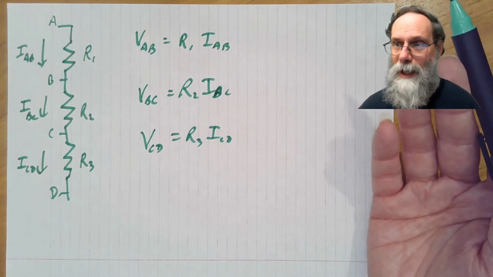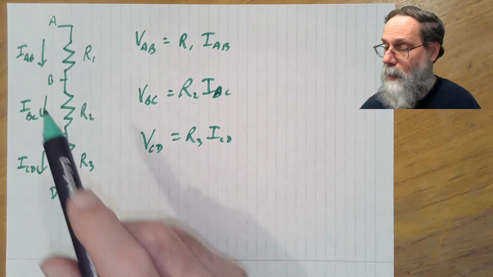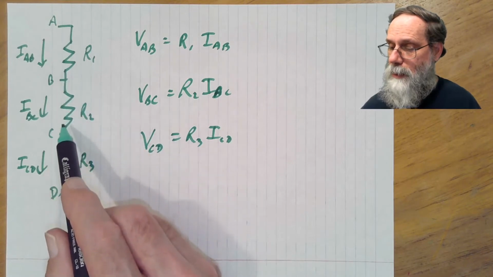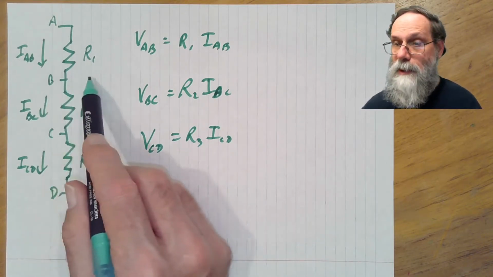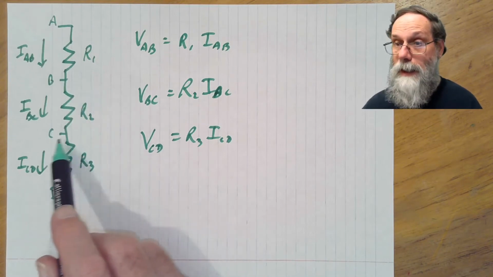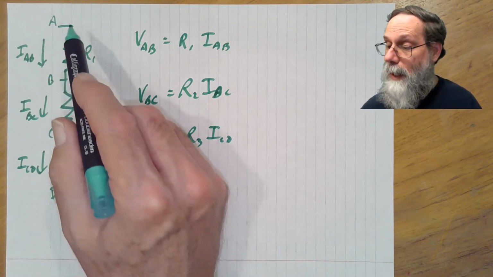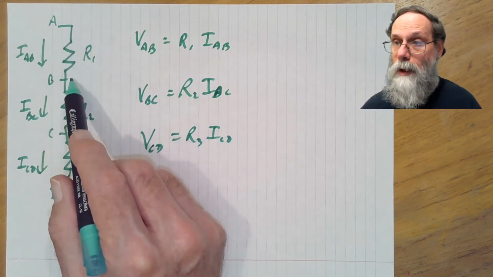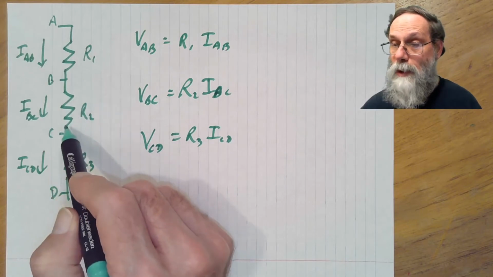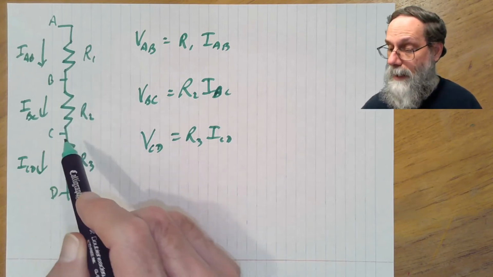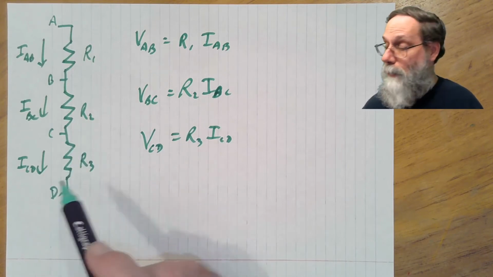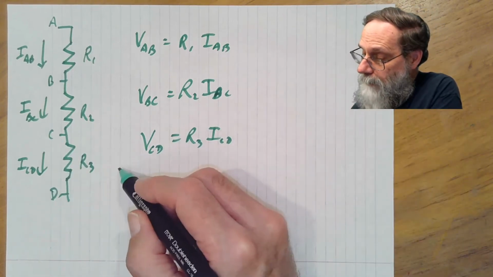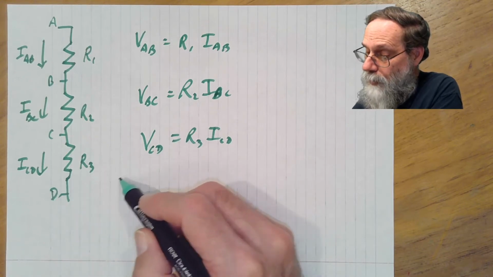We've got three equations in 6 variables. Not really much you can do with that, except we have a special property here because these things are connected in series and there's nothing else connected to node B, nothing else connected to node C. So any current that goes through R1 has also got to go through R2. And that same current has also got to go through R3. So all three of those currents are the same.